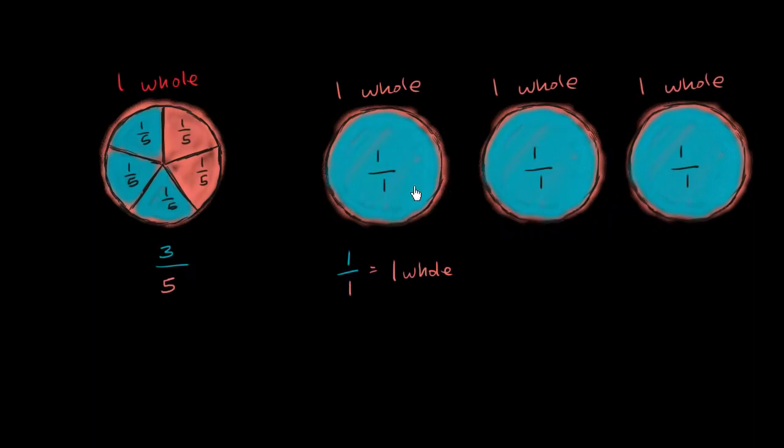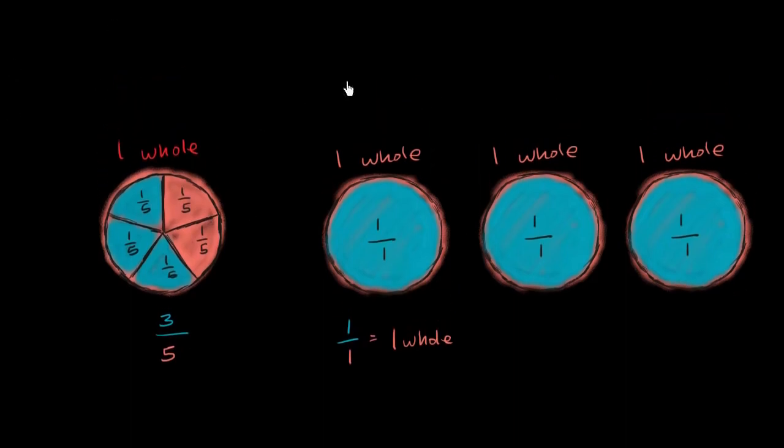And I've actually shaded in 3 wholes. So this right over here, if I were to take the combination, is equal to 3 wholes. Or if I were to think of it in terms of just the number line, this would represent the number 3. But what's another way I could represent it?